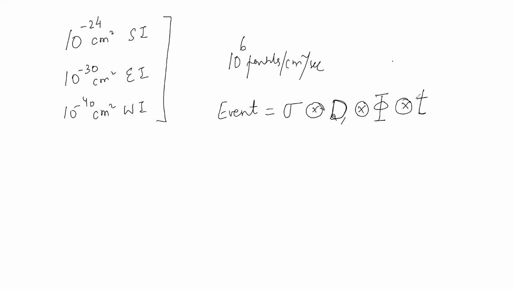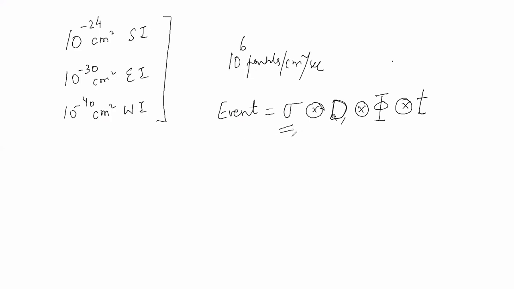The event will be the convolution of all these four factors. Why is flux important? Because as we increase the flux, the number of events will increase.